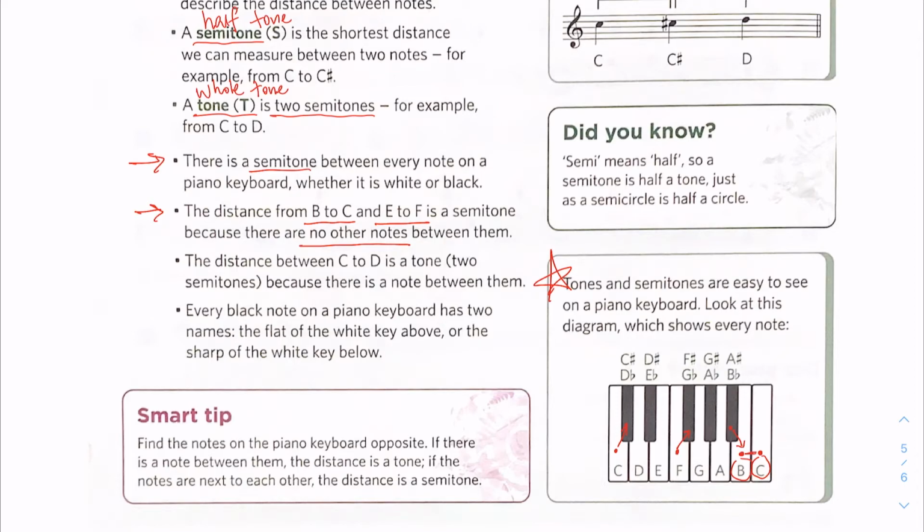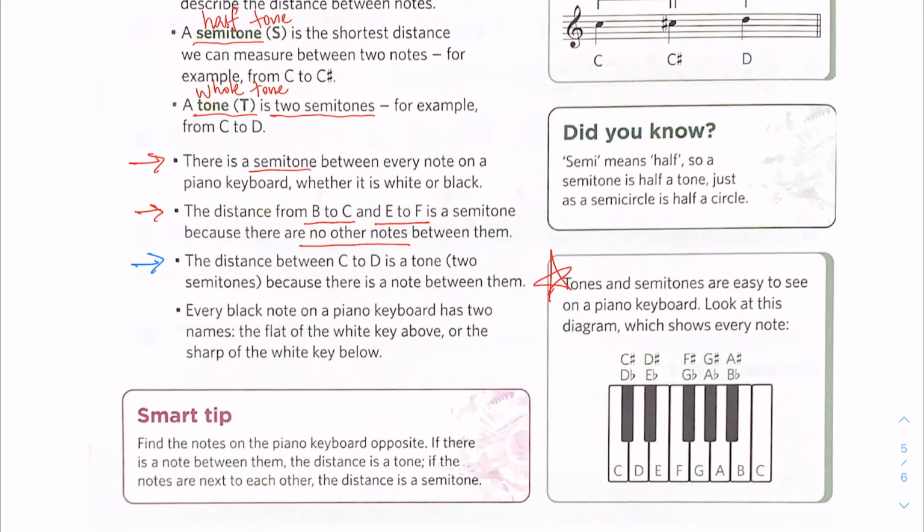So this is the closest distance already, and it is a semitone. Same thing for E going to F. This is E, and this is F. From E going to F, there's no extra note in between. So this is the closest distance and therefore a semitone.